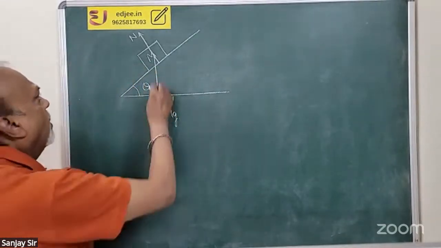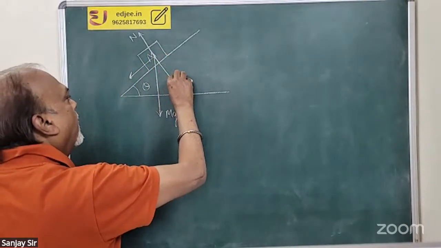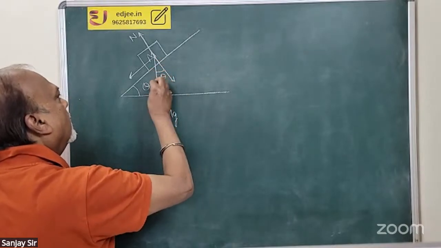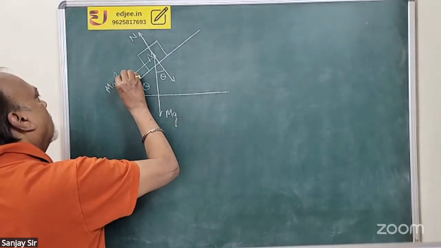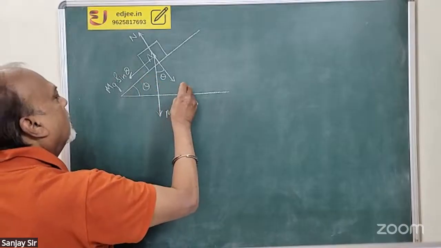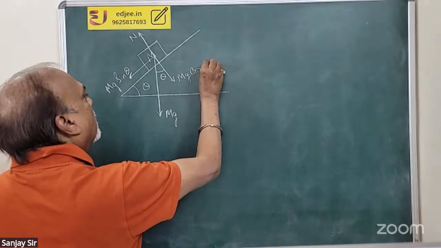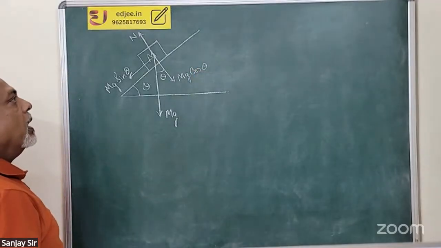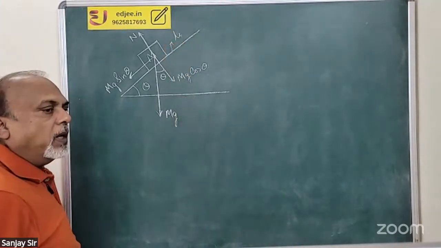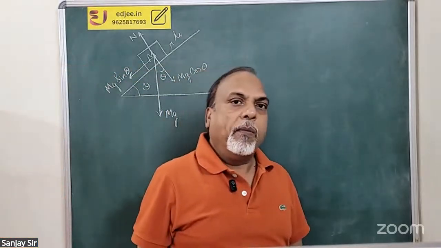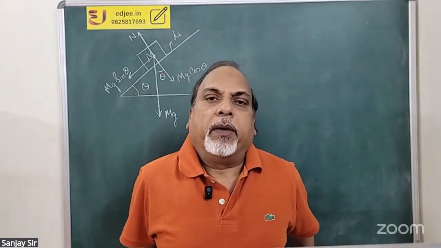Now, if we resolve this gravitational force along the plane and perpendicular to the plane, then this is your mg sin theta and this is your mg cos theta, correct? Suppose coefficient of friction here is mu. Correct?